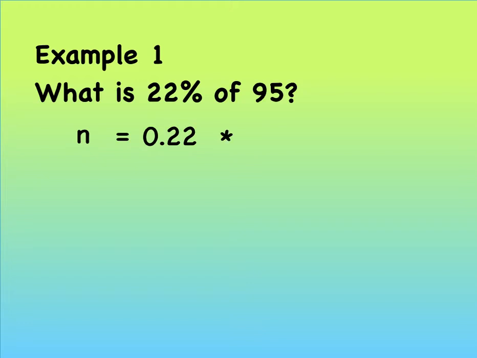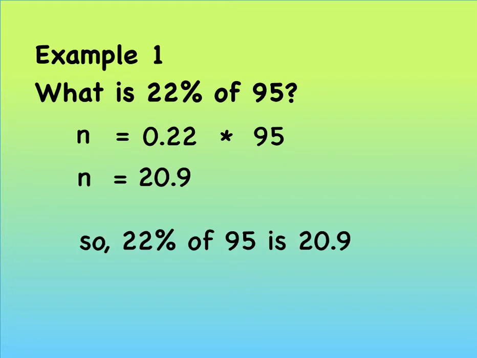"Of" is multiplication, 95. Now we have a simple one-step equation. 22 hundredths times 95. N equals 20.9. So 22% of 95 is 20.9.